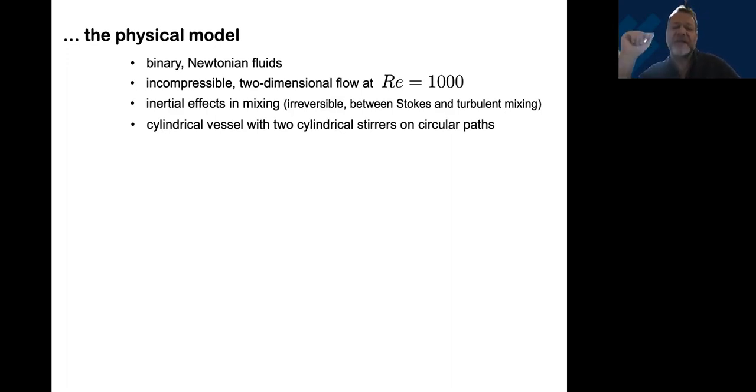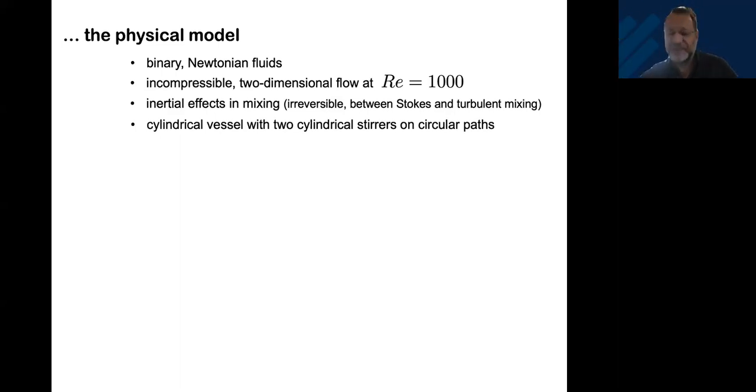The choice of Reynolds number of 1000 is very deliberate because we want to be in a regime that is beyond the Stokes mixing. There's a huge literature about Stokes mixing at very low Reynolds numbers. There's no inertia at all. It's a very special kind of mixing. But at the same time, if you go for the Reynolds number too high, then you have turbulent mixing, and then all hell breaks loose, basically.